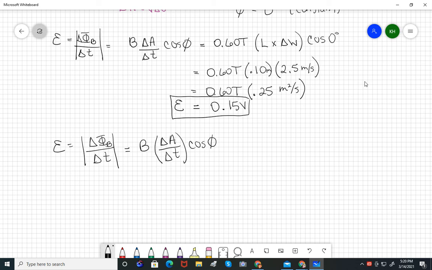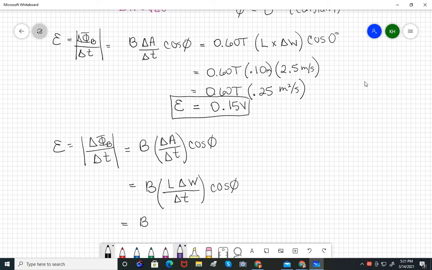Looks just like what we had a minute ago. We know that the change in area would be L times delta W over delta t. That's the change in area.